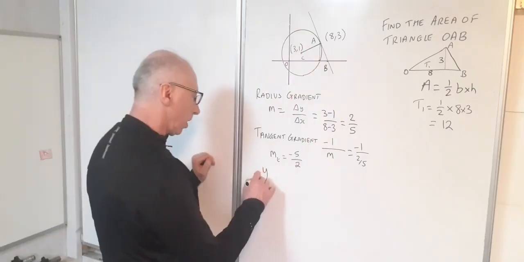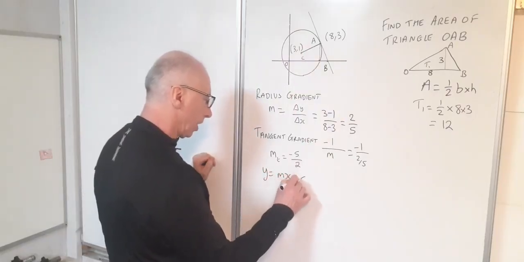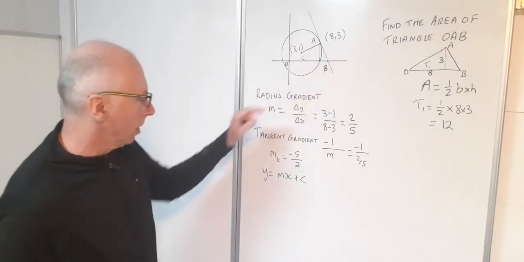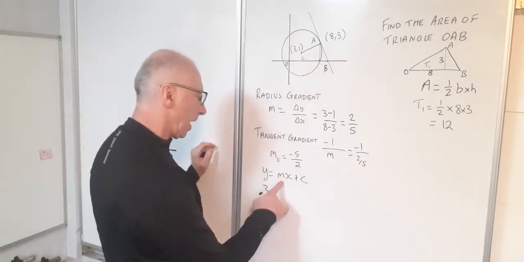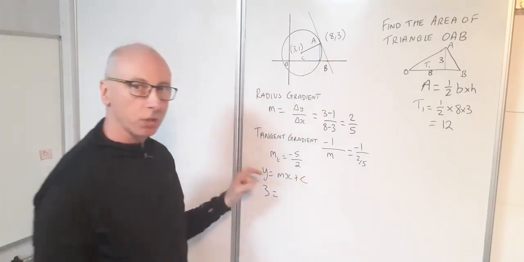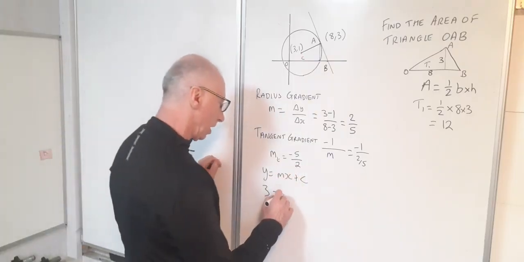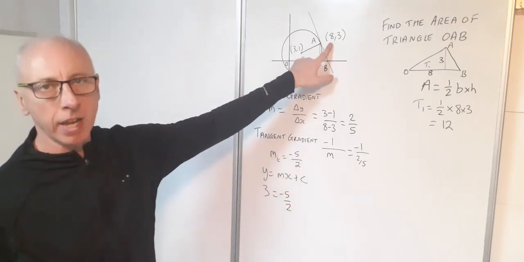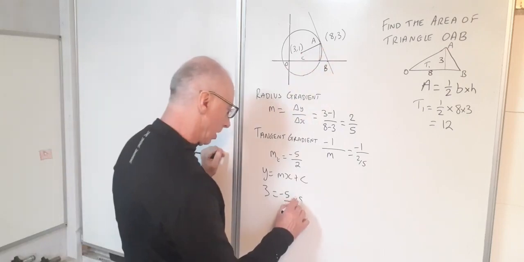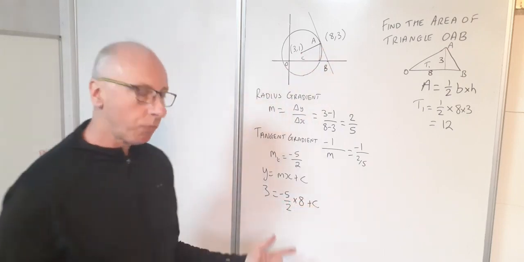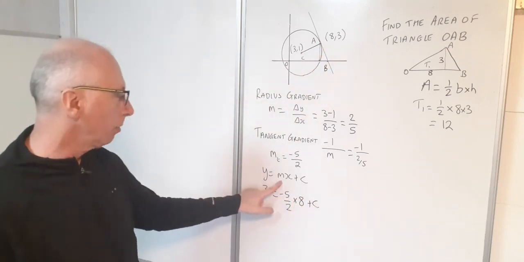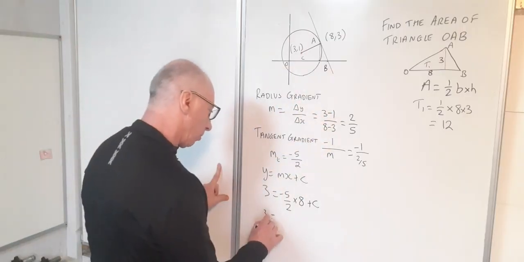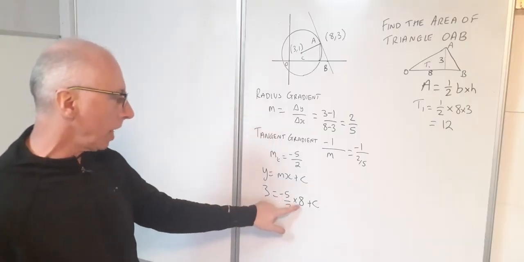If I use y equals mx plus c, my building blocks are: y is 3, m is the tangent gradient, minus 5 over 2, times x, where x is 8, plus c. Now I can solve for c and complete my equation for the tangent line. So 3 equals minus 5 times 8 over 2.